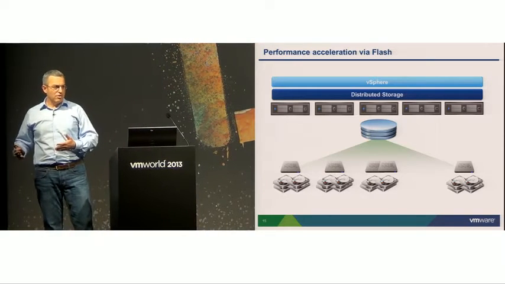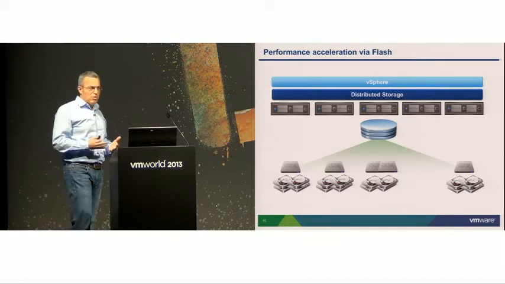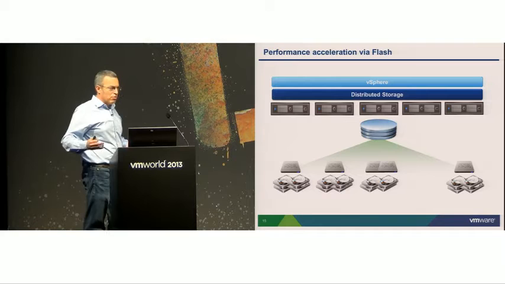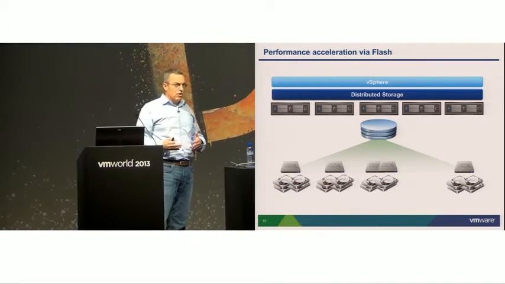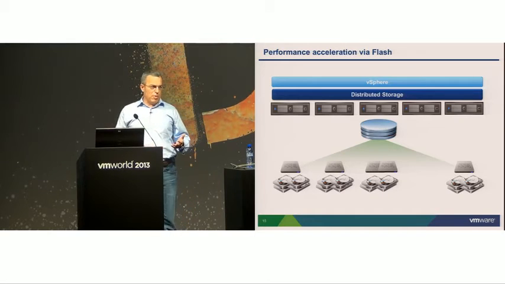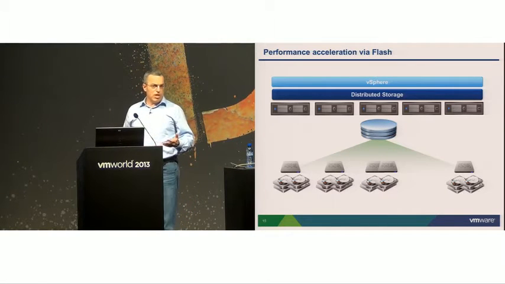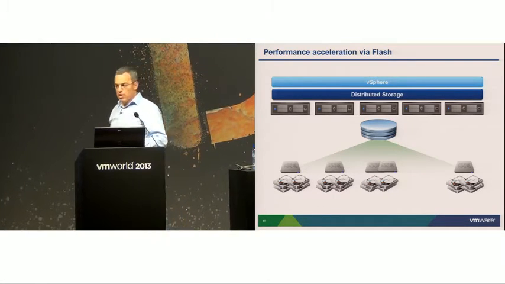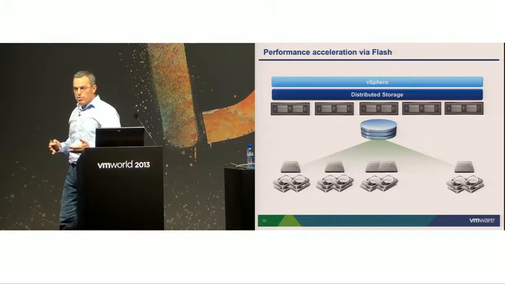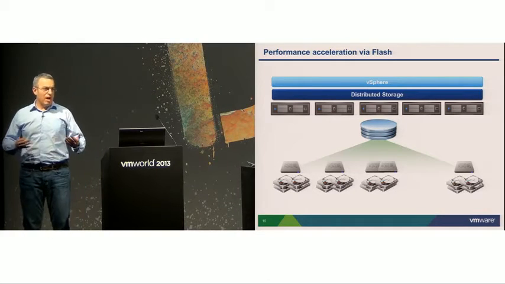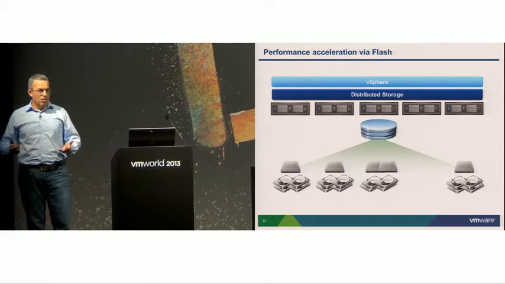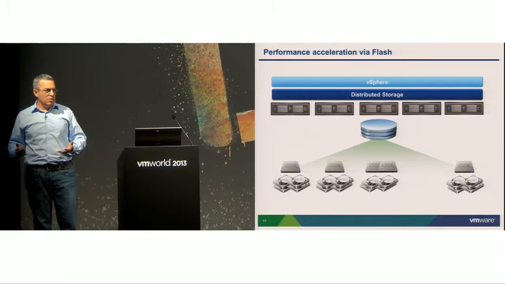On the other hand, we have flash that is becoming increasingly more common. The capacity of flash, whether SSD or PCIe, is still quite expensive, relatively speaking. We're talking about dollars per gigabyte. However, IOPS are plentiful. You buy an SSD, you pay a couple of thousands of dollars. That SSD gives you typically tens of thousands of operations per second.